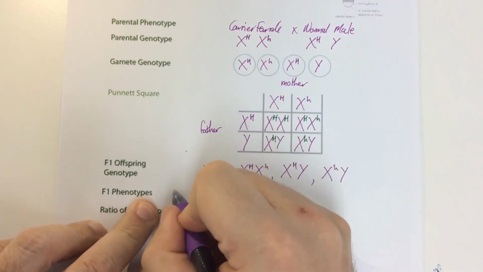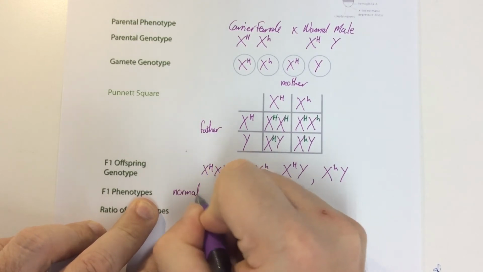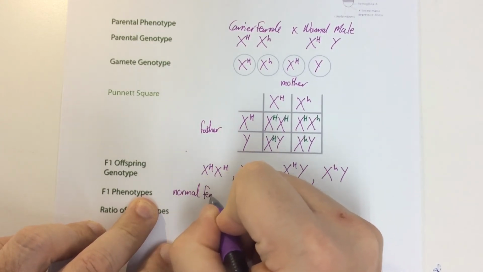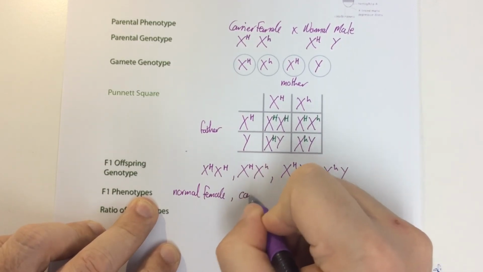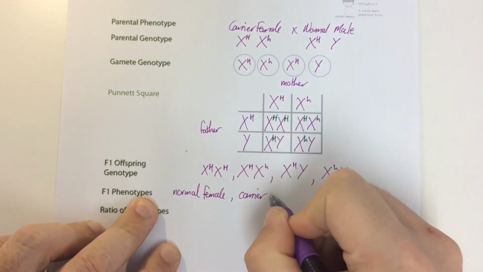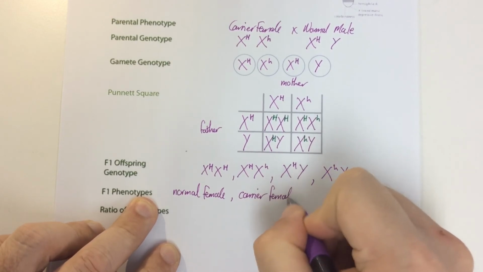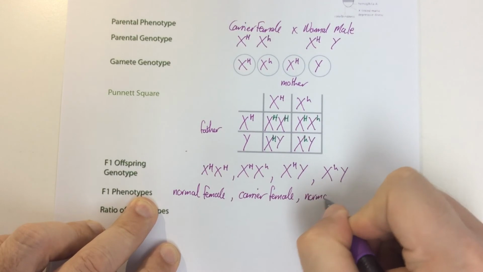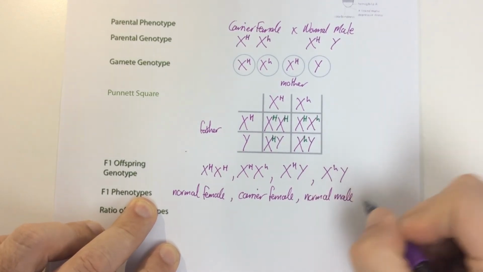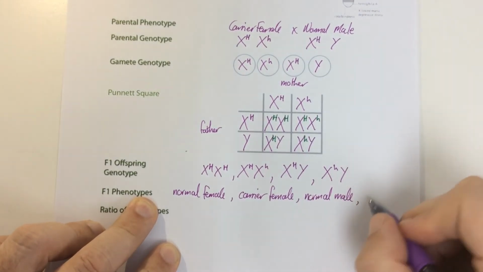Phenotypes: normal female, homozygous dominant for the normal condition. And we have a carrier female, she's heterozygous, doesn't express the disorder. And we have a normal male and a hemophiliac male.